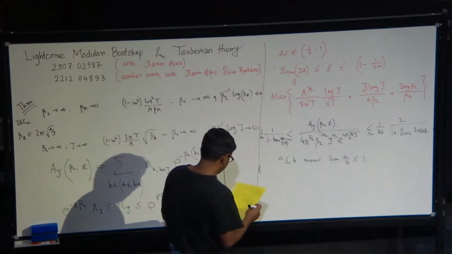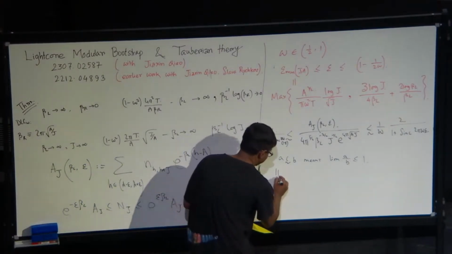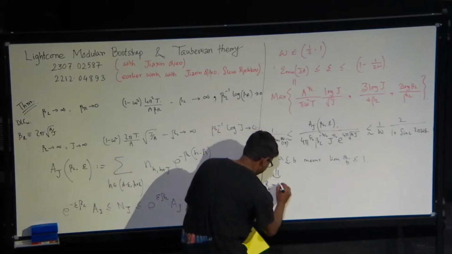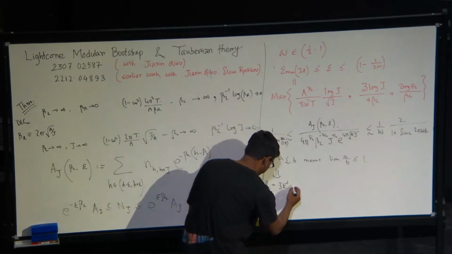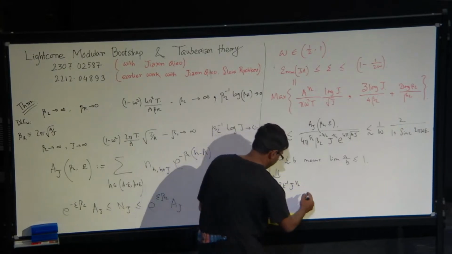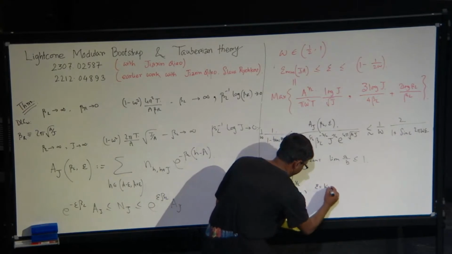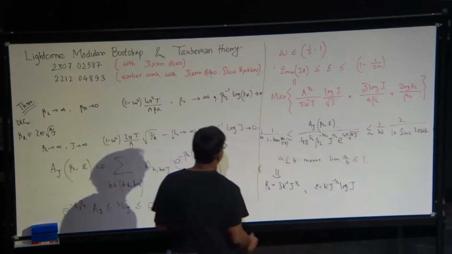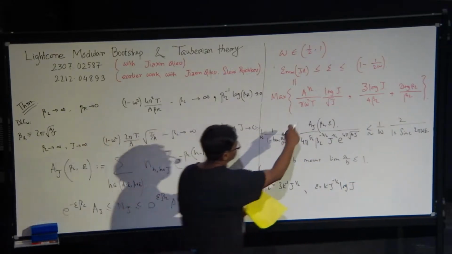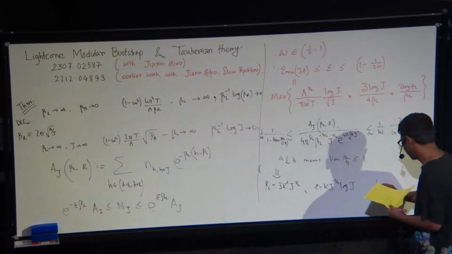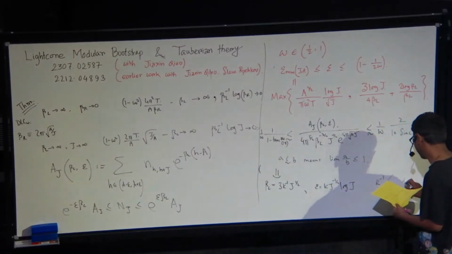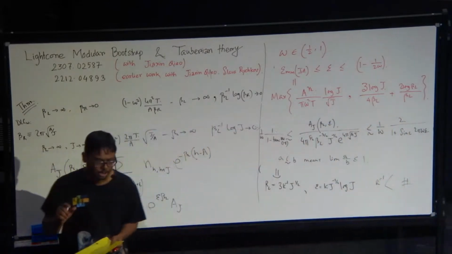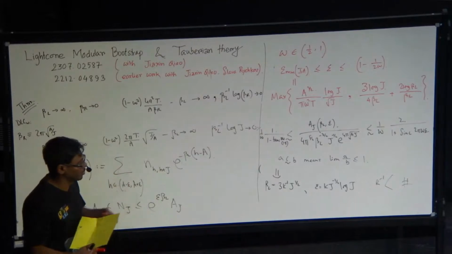So to derive the formula for Nj, you choose beta L as 3 kappa inverse j to the power half, and epsilon to be kappa j minus half log j. And to satisfy all these DLC conditions and this condition, you have to also make sure that kappa inverse is less than some number, which basically relates to some statement about what the order 1 number in the actual window was.